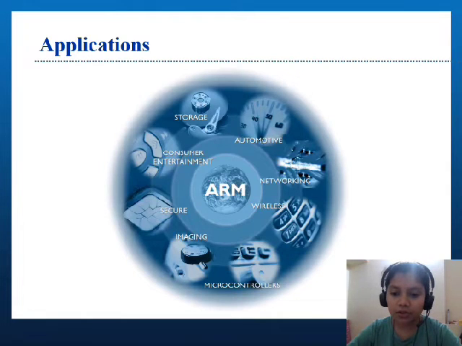ARM processors are found in numerous market segments, including networking, automotive, mobile and consumer devices, mass storage, and imaging. Within each segment, ARM processors can be found in multiple applications.